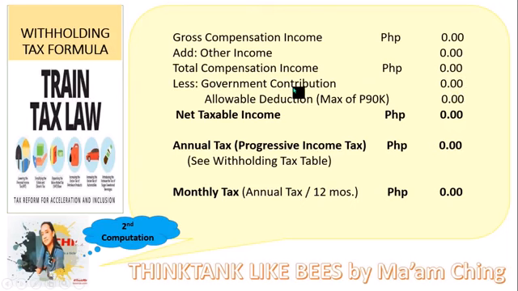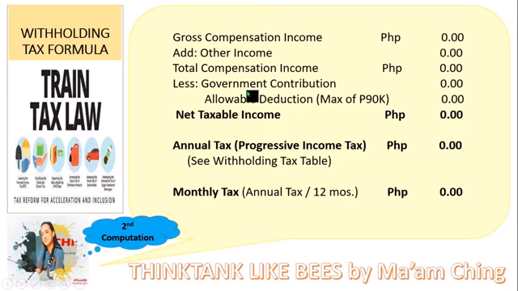This is allowable for the sole proprietor and partnership business. So you can also deduct the government contribution, especially if the owner also declares her contribution to SSS, PhilHealth, and Pag-IBIG. And then an allowable deduction is also given, with a maximum of 90,000.